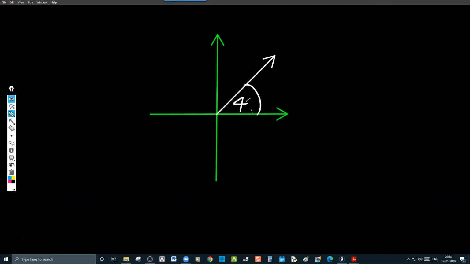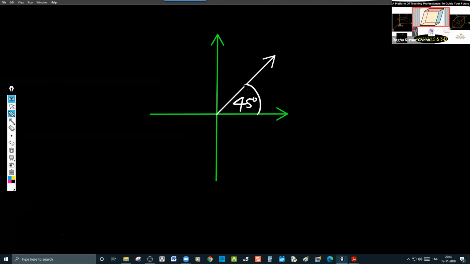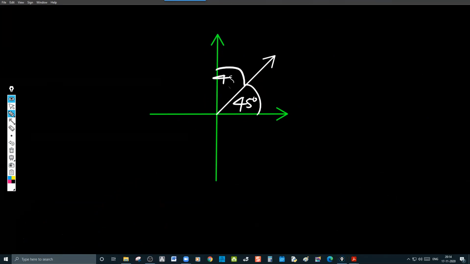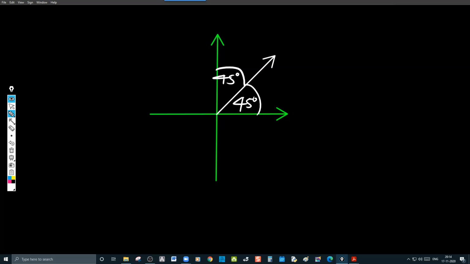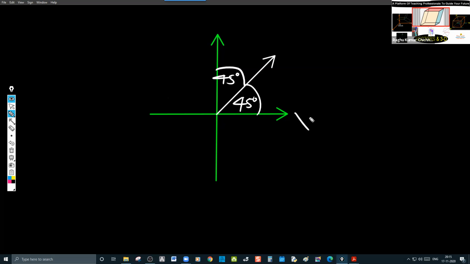And this makes 45 degrees with the x-axis, and that makes 45 degrees with the y-axis. Now, how many such lines will be there in 2-dimensional geometry? I'm talking about 2-dimensional geometry now. This is x-axis, y-axis, negative x, negative y.